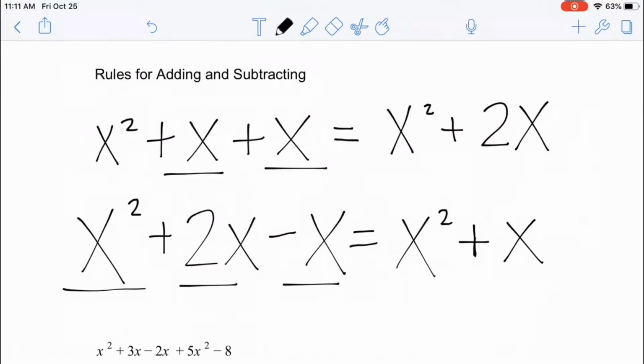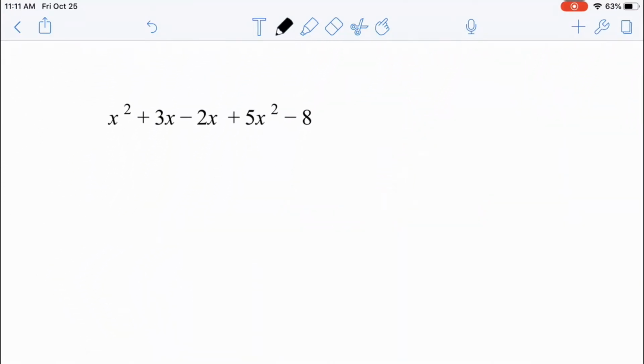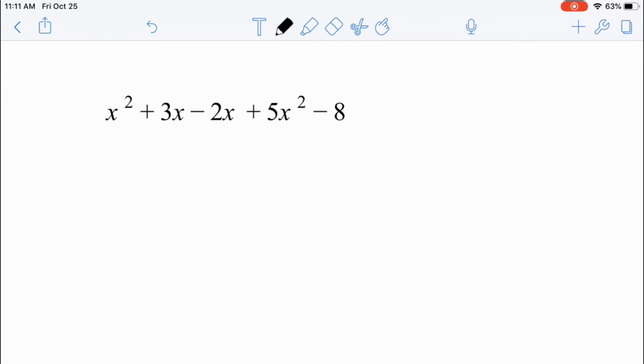let's go ahead and get into some practice. So I'm going to zoom this in here so we can focus on just one problem at a time. So here we have an x squared and we have a plus 5x squared. Super important. The sign in the front is the sign that belongs to that number.